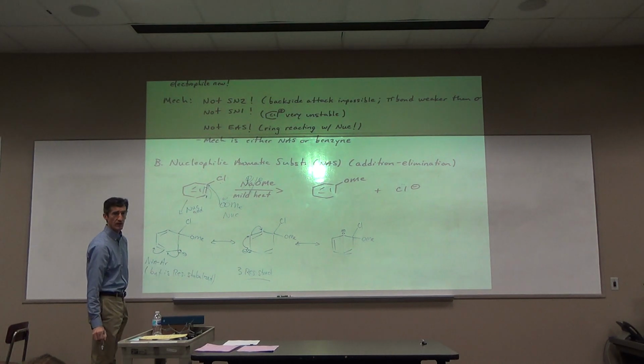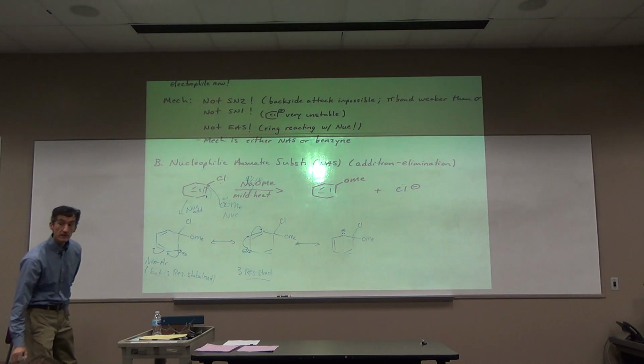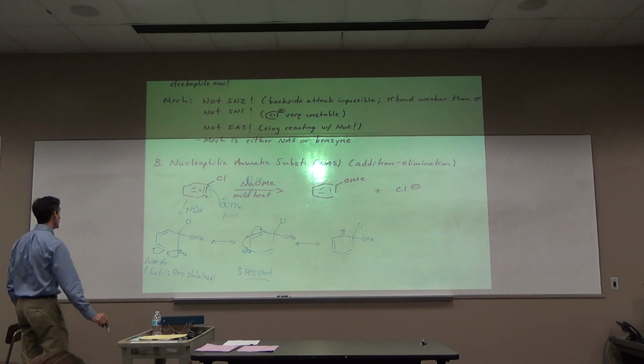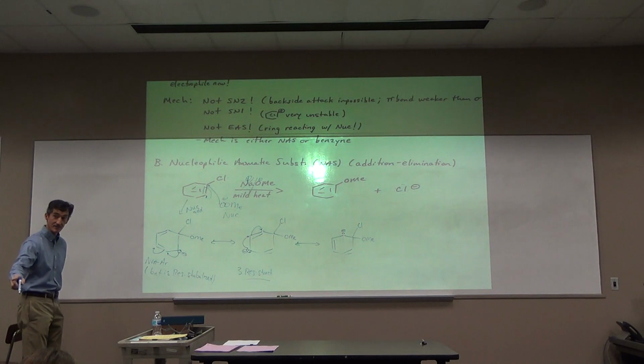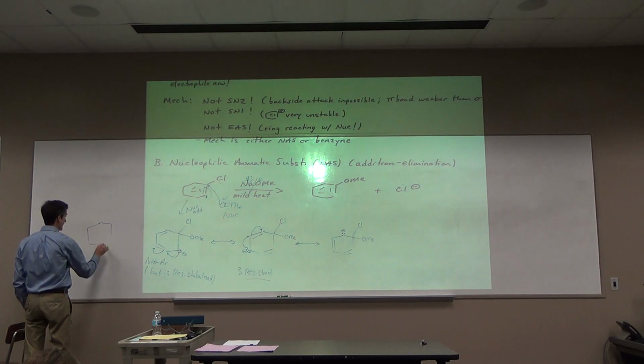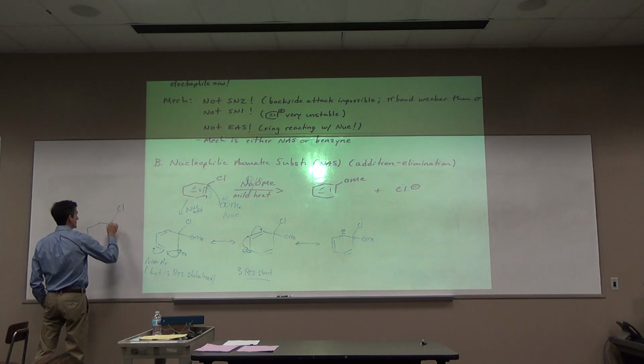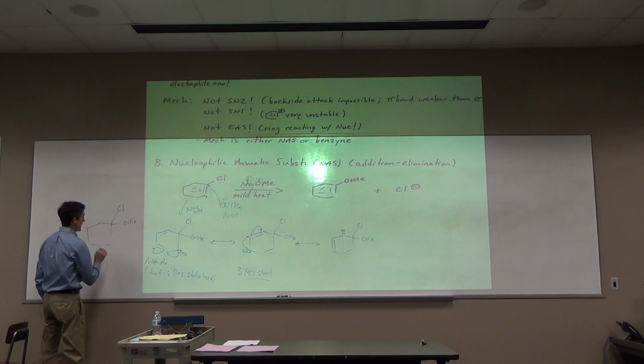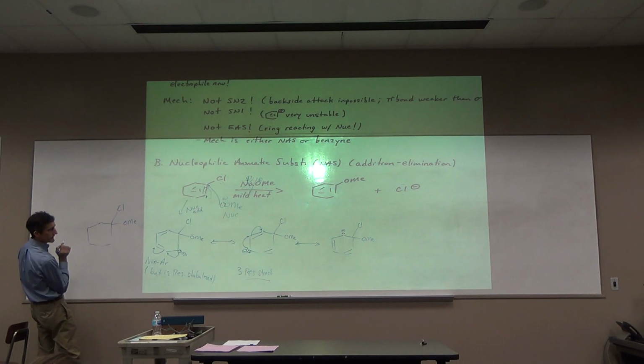What's the hybrid look like? Partial negative. Where do we have, what do we have?